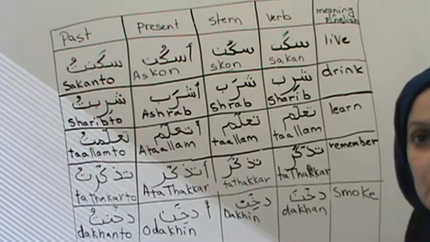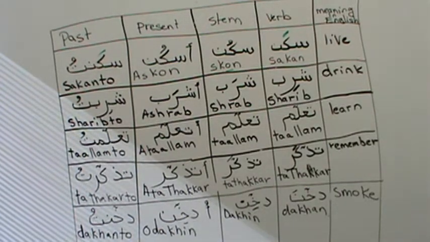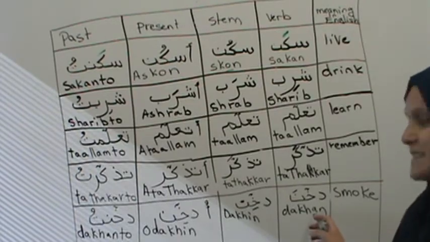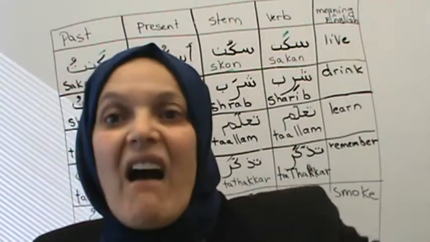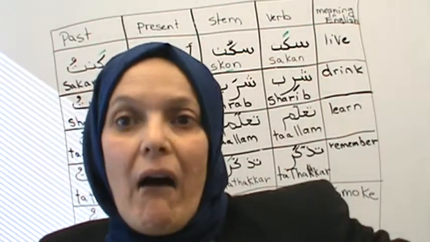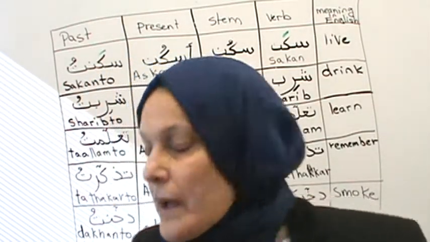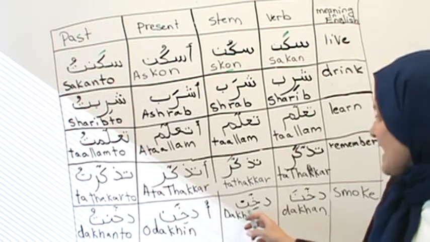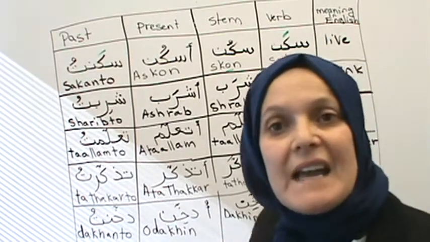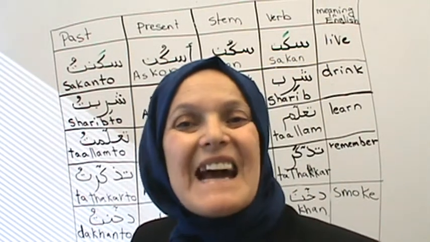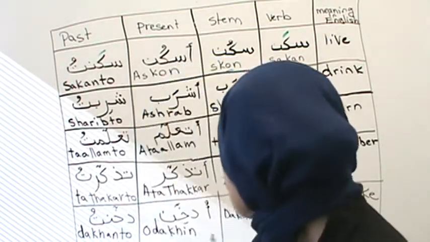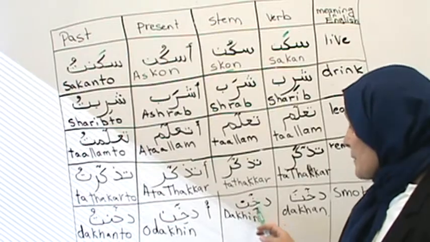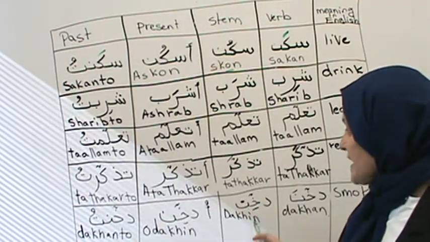The verb to smoke is دخن. It has an a sound. Da and khan. دخن is to smoke. The stem: the a goes to e, e as in elephant, just the n. It's a double kha, but with an e sound.